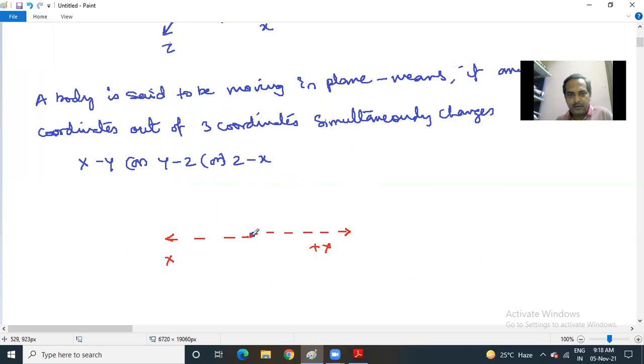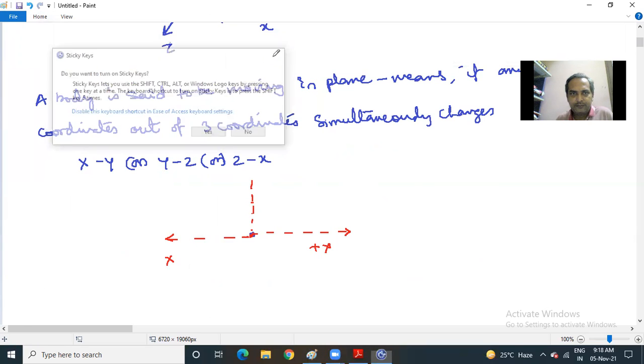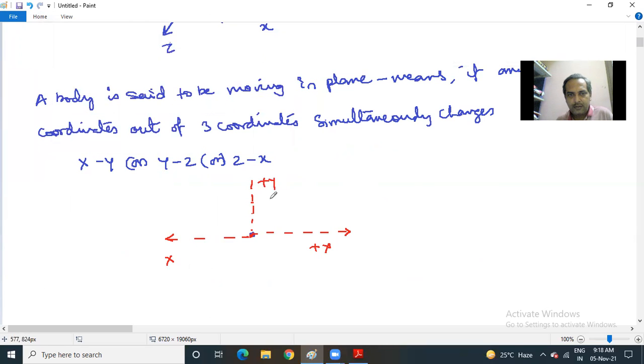Then you can even go upwards, so maybe this is the positive y direction. Maybe downwards, the negative y direction. So this is right, this is left, this is up, this is down.